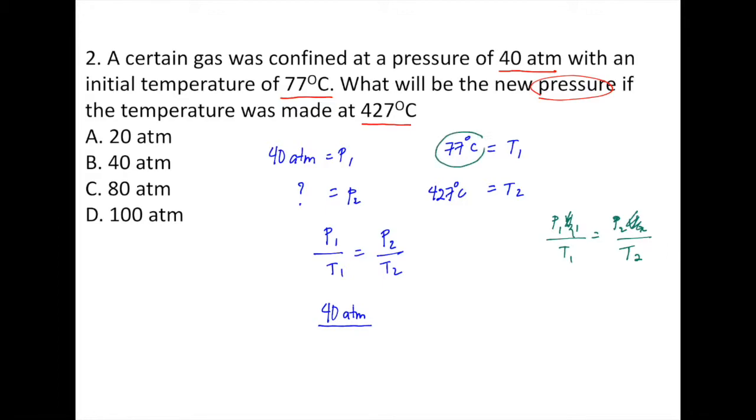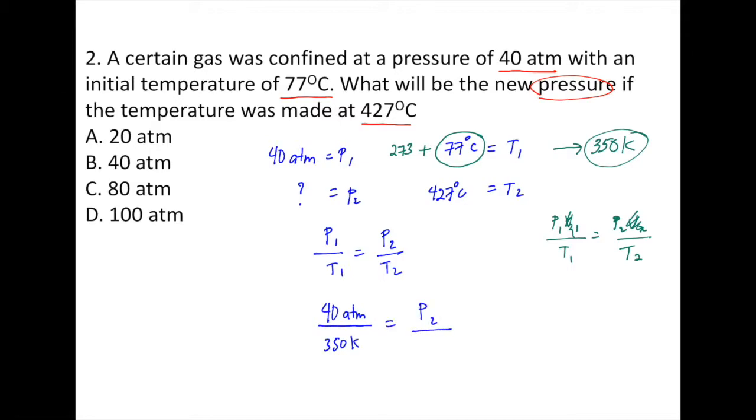over the temperature 1, which is at 77 degrees Celsius. Now take note, we have to work in Kelvin. So 77 plus 273 is 350 Kelvin. So our temperature 1 here is 350 Kelvin. And pressure 2, that is the unknown.